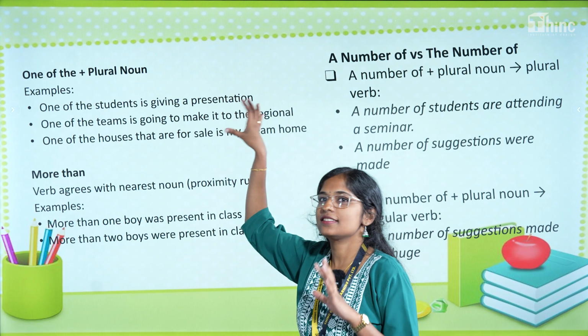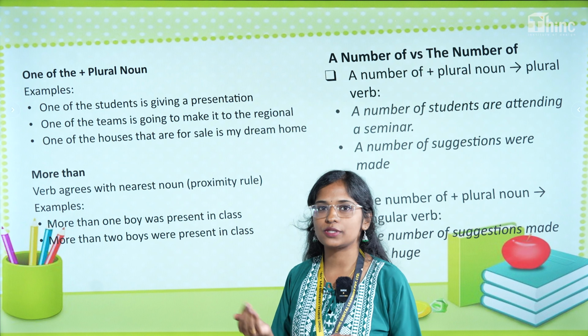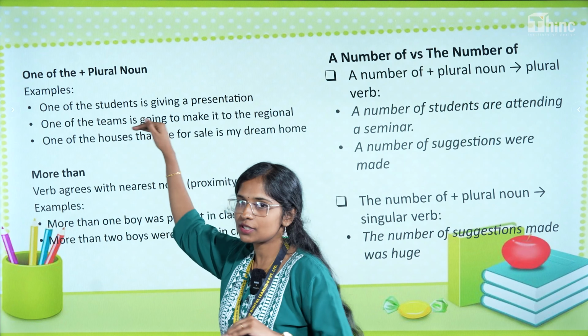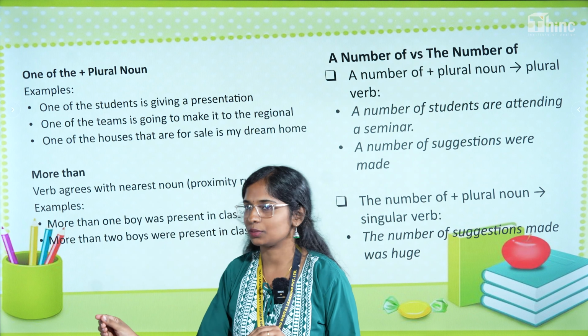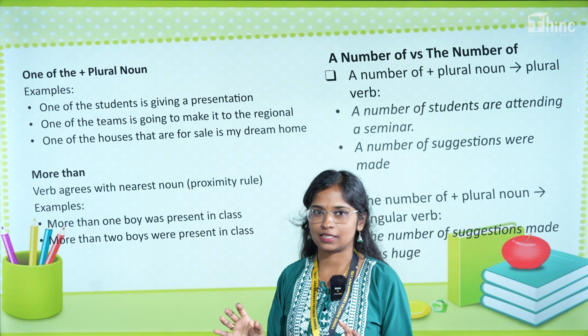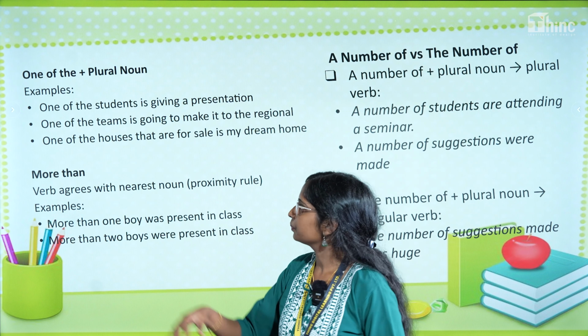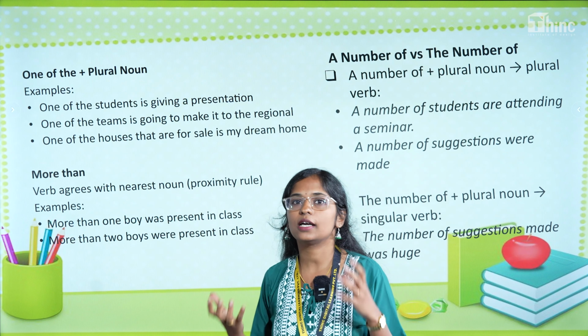When you see sentences like these with one of the, we have to use a singular verb. Let us look at the first sentence. One of the students, we have a group of students there, and one of the students is giving a presentation. So the subject is one of the students, not students. Next sentence. One of the teams is going to make it to the regional.